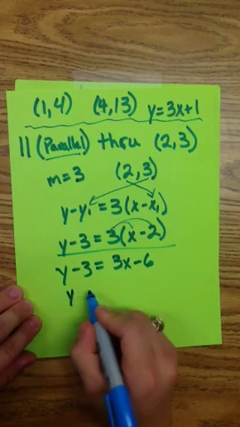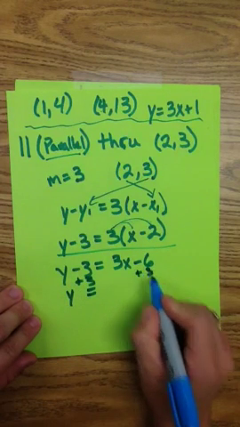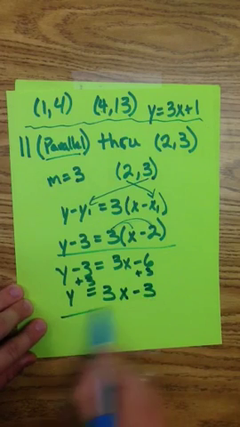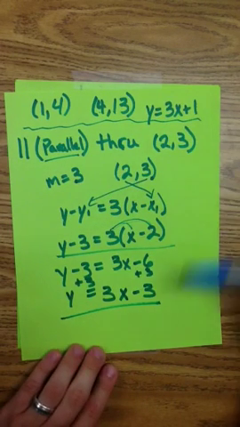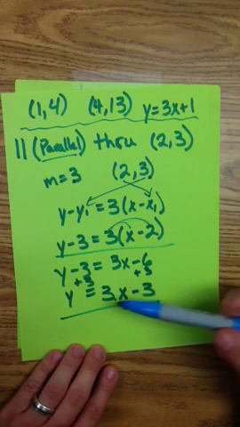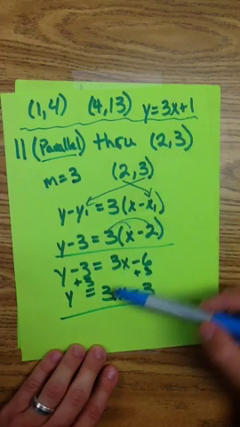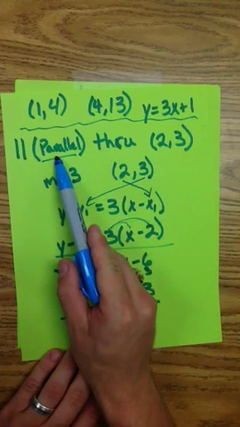I want to get y by itself, so I'm going to add 3 to both sides. And I would say y equals 3x minus 3. And that would be slope-intercept form. Notice my slope is 3 in both. That's because my lines are parallel.